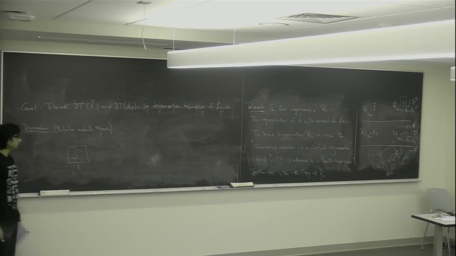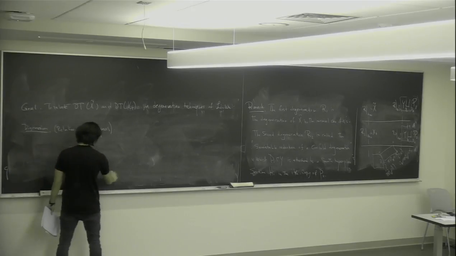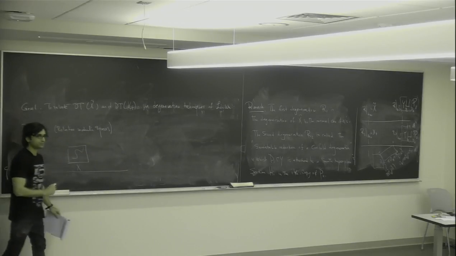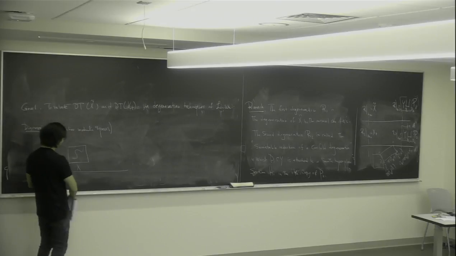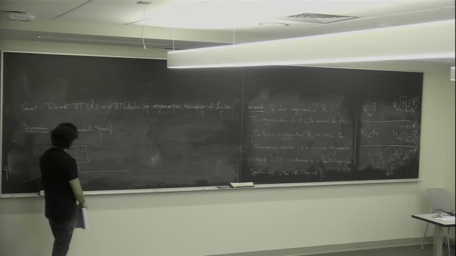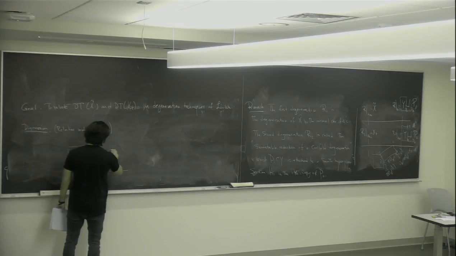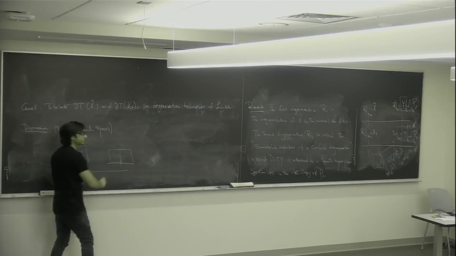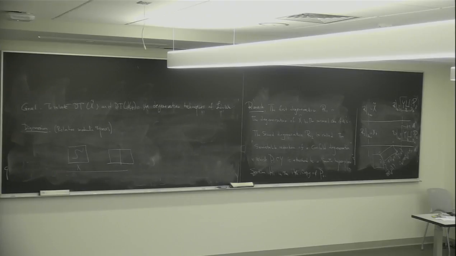He constructed this beautiful machinery of degeneration technique where he would take the underlying variety, underlying threefold in this case, and degenerate it into a normal crossing variety such that the total space of this degeneration is smooth. That's what it means, a good degeneration.